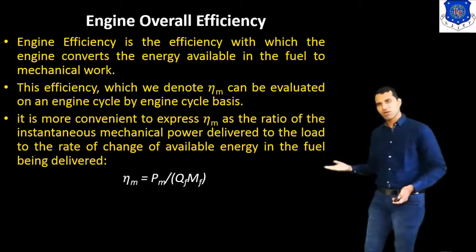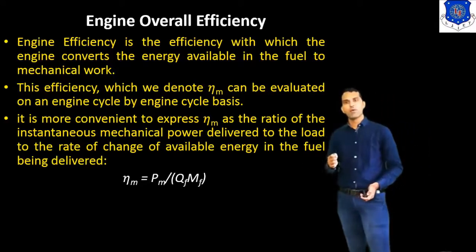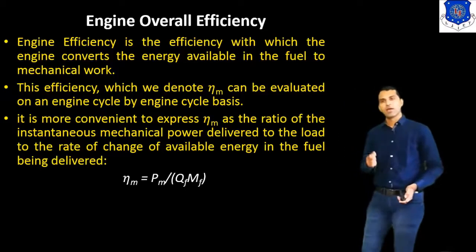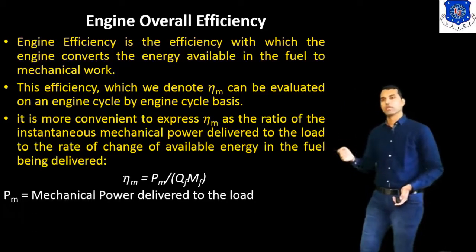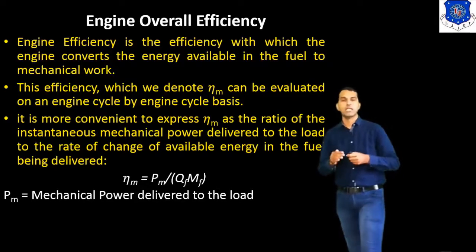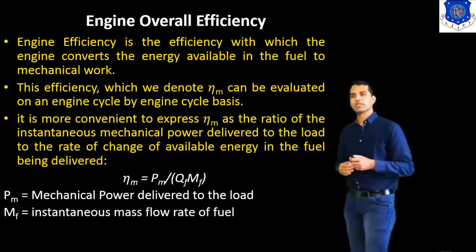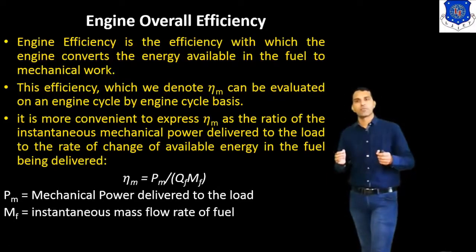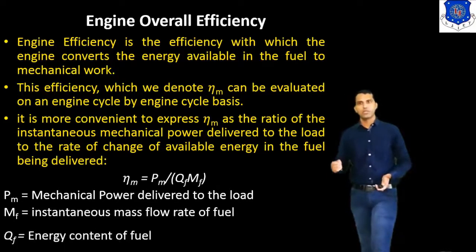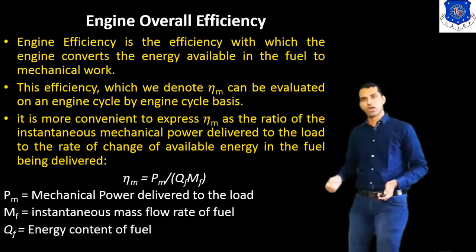That means we can find the engine efficiency as eta_m is equal to P_m upon Q_f into M_f. Here P_m is the mechanical power delivered to the load, M_f is the instantaneous mass flow rate of the fuel, and Q_f is the energy content of the fuel.